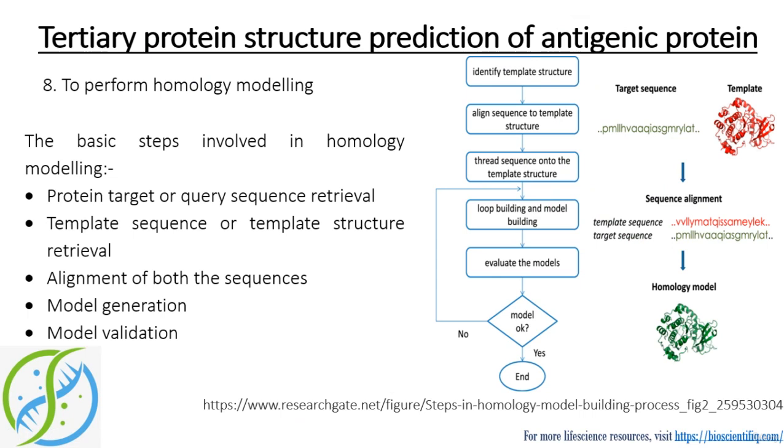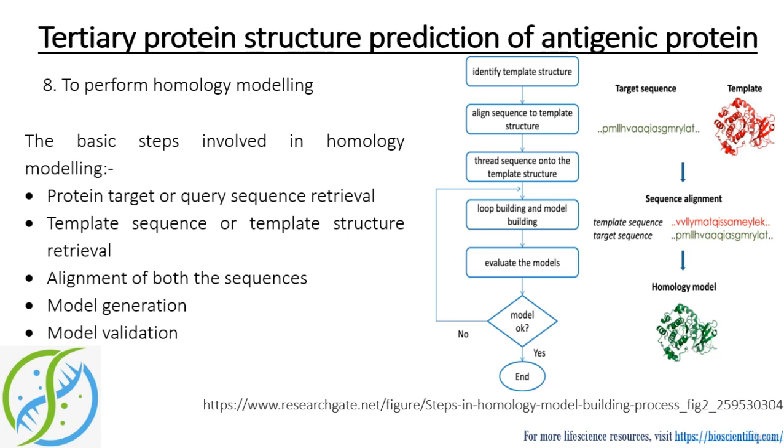Coming back to homology modeling, it's a multi-step process which includes sequence alignment, structural modifications, database searches, energy minimization, and structure evaluation to generate a structure. Let's see the basic steps involved. First, protein target or query sequence retrieval has to be done.